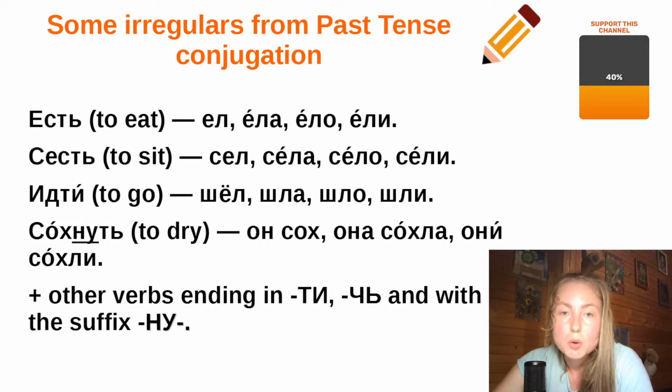And we'll get сох, feminine сохла, neuter сохло, and plural сохли. And some verbs are ending in чь, and again with the suffix ну.